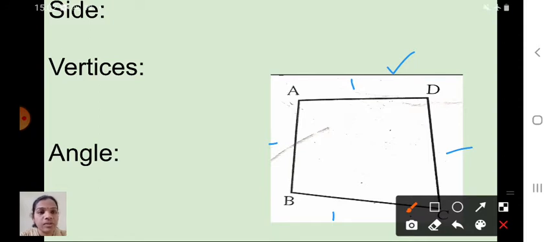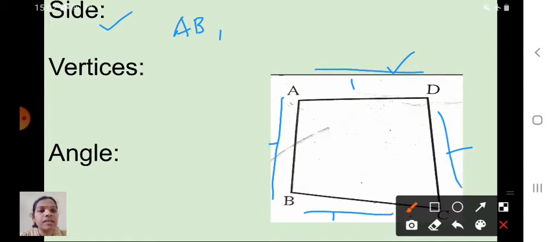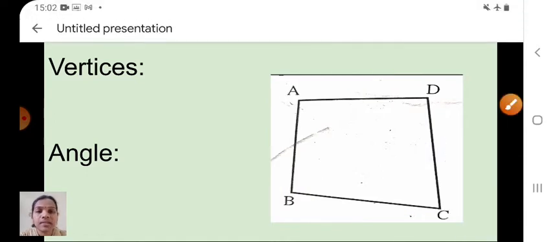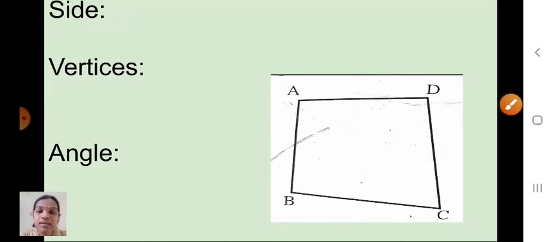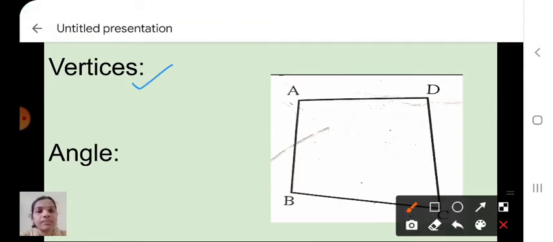First we will see the sides: line segment AB, then BC, CD and DA. Total how many sides are there, children? 4 sides are there. Next one is vertices.